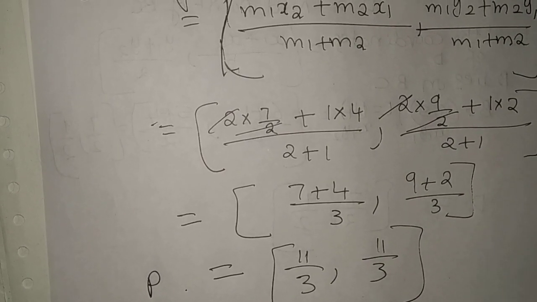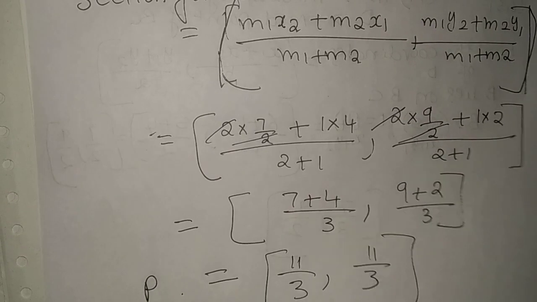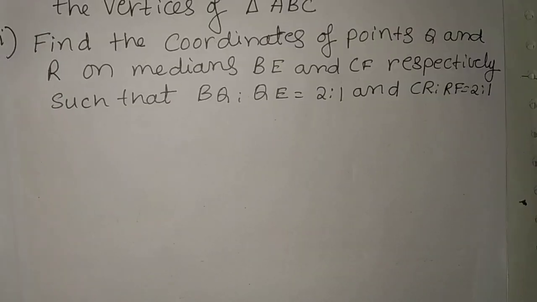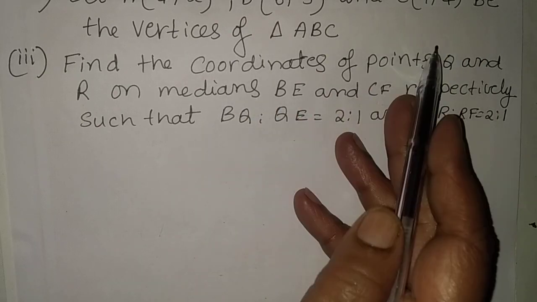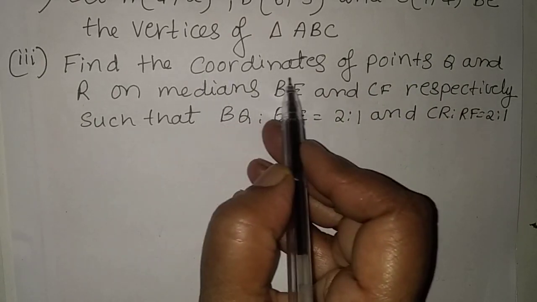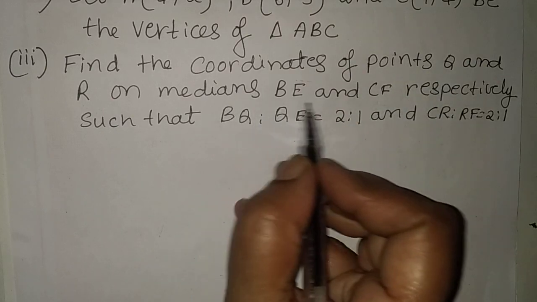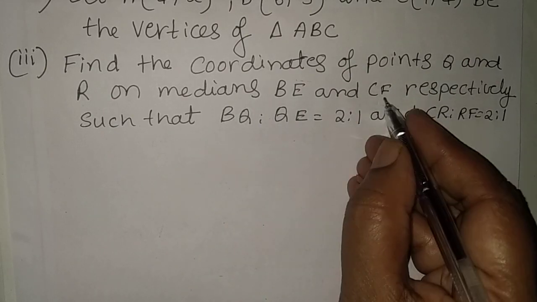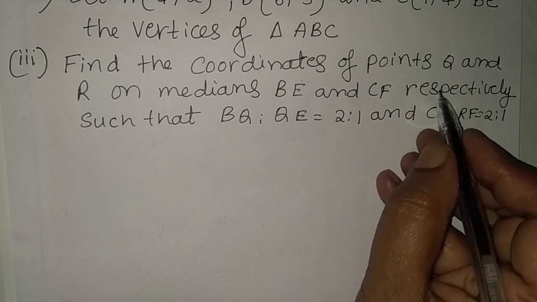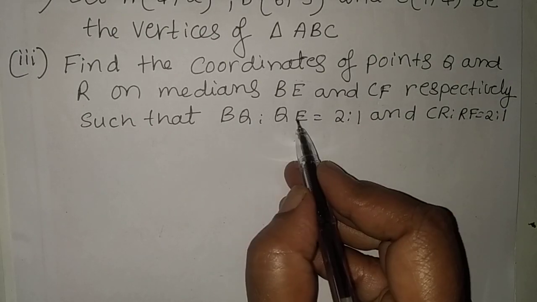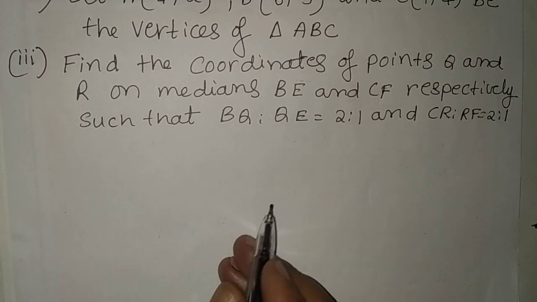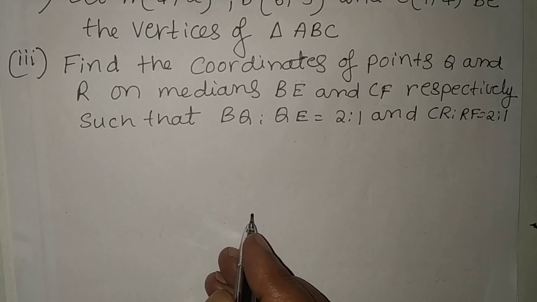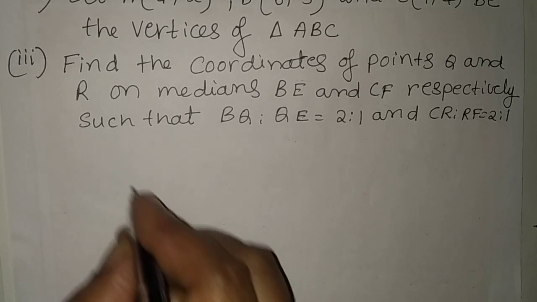Now we move on to the next question, that is the third part of the 7th question. Let A, B, C, same thing, be the vertices of the triangle ABC. Find coordinates of Q and R on medians BE and CF respectively, such that BQ is to QE is 2 is to 1 and CR is to RF is 2 is to 1. So we'll take the same diagram, once again I'll write here.